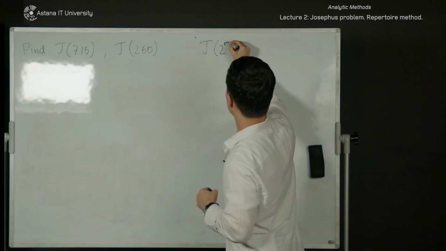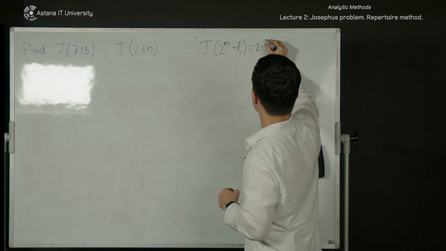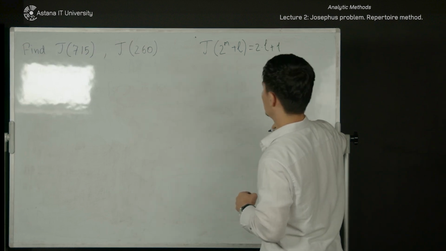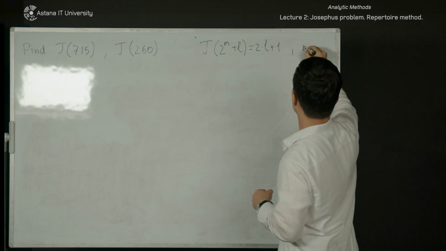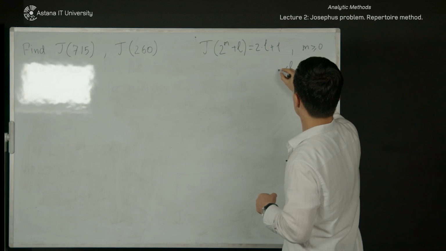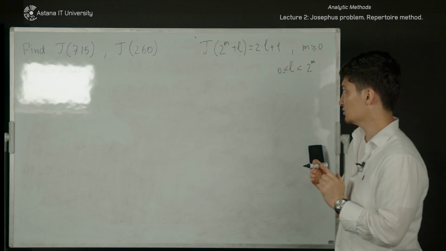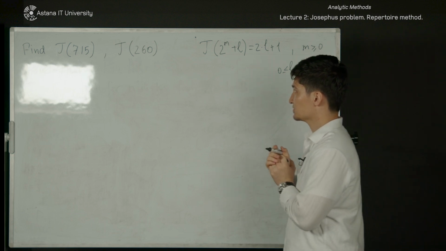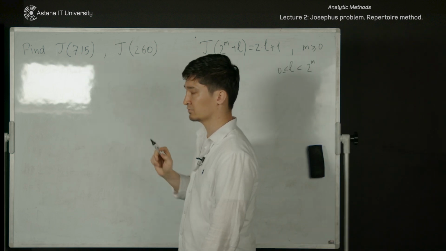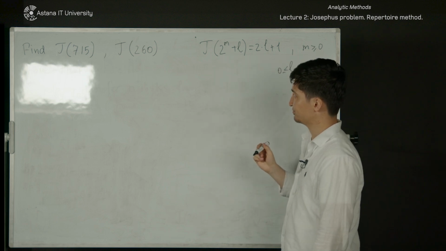2 to the power of m plus l equals n, and j(n) equals 2 times l plus 1, and we have as well the condition that m is greater or equal than 0 and l is between this. Okay, now we have to express 715 as a power of 2 plus some integer l.